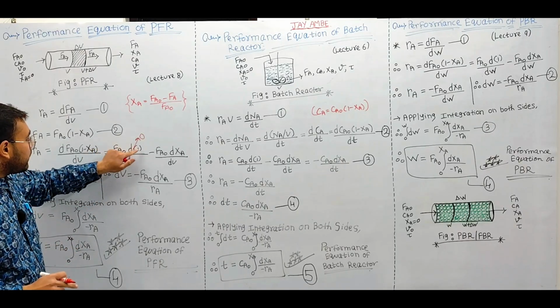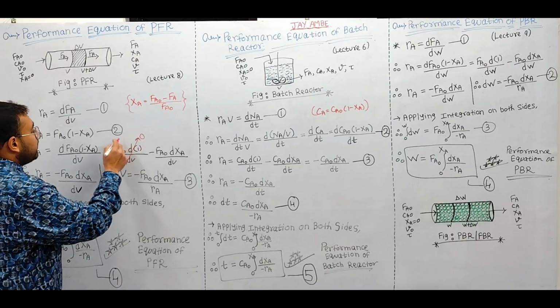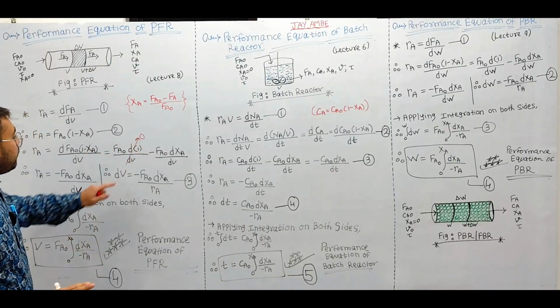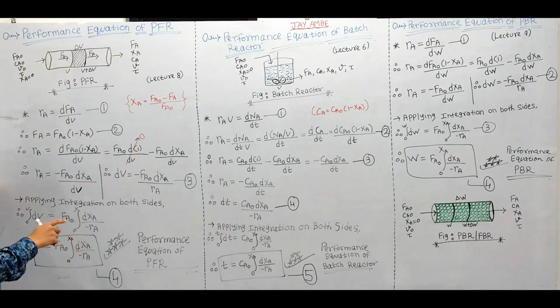So differentiation of 1 by dV will be equal to 0. Due to those reasons, this entire term will equal 0. So we are remaining with this term, minus FA naught dX by dV. So we can further write RA is equal to minus FA naught dX by dV. I hope you have understood.